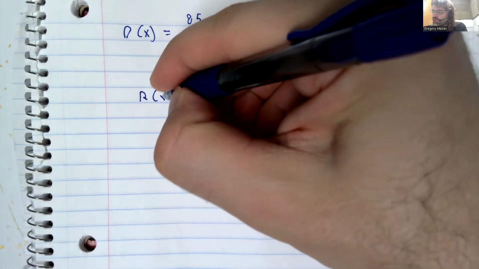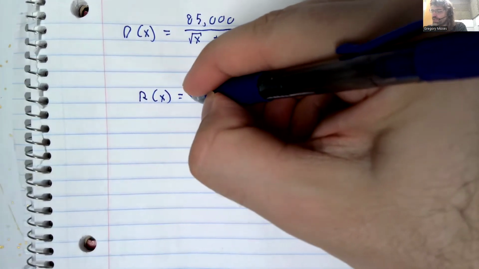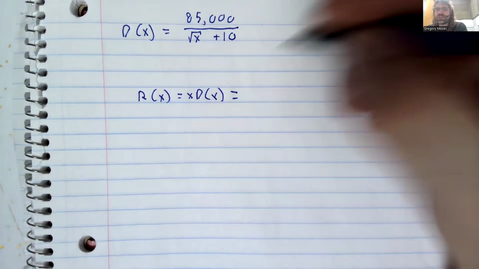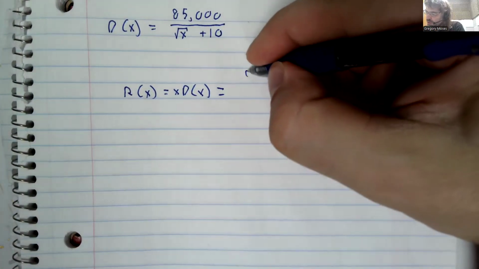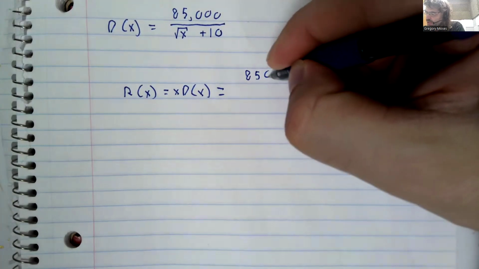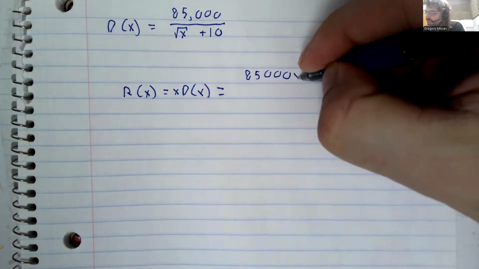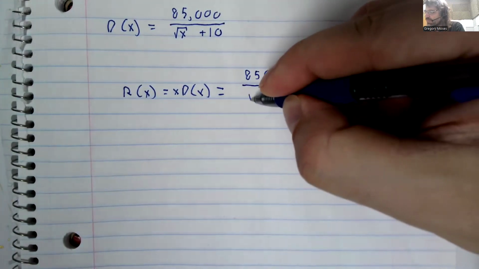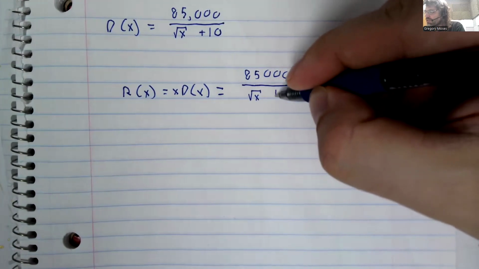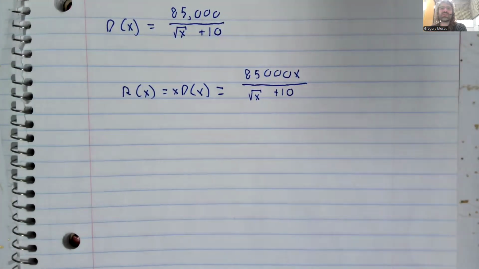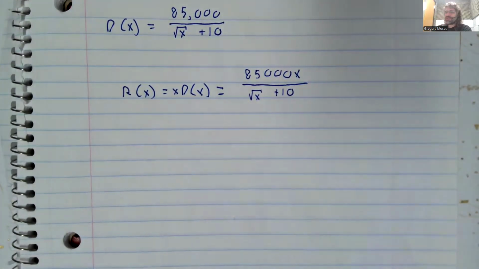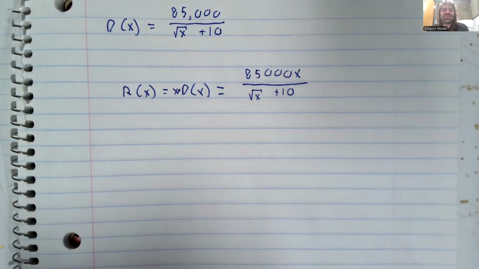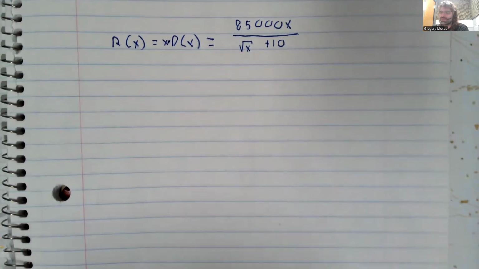Then the revenue is x times the demand, 85,000 times x divided by the square root of x plus 10. And we see that our product has metamorphosed into a quotient.